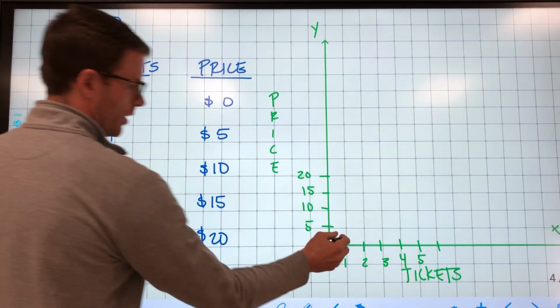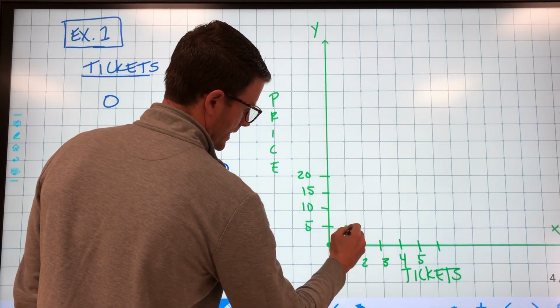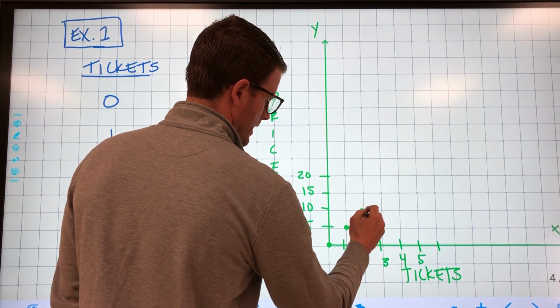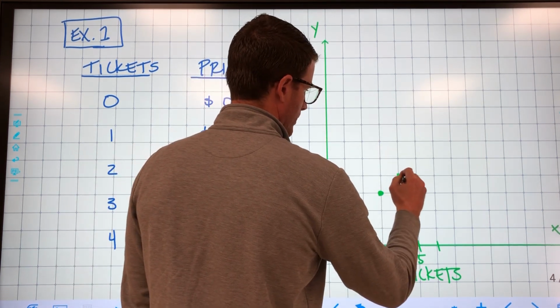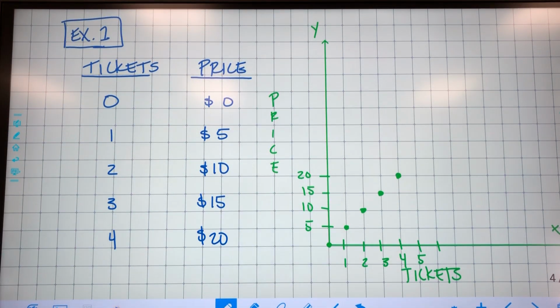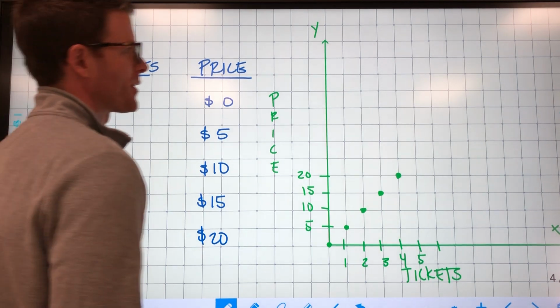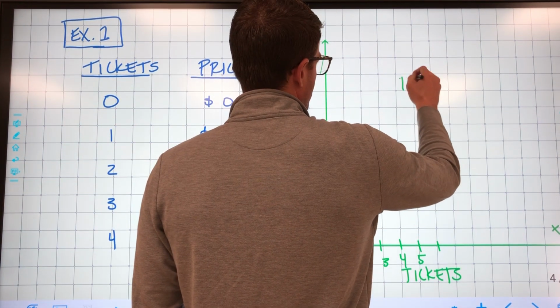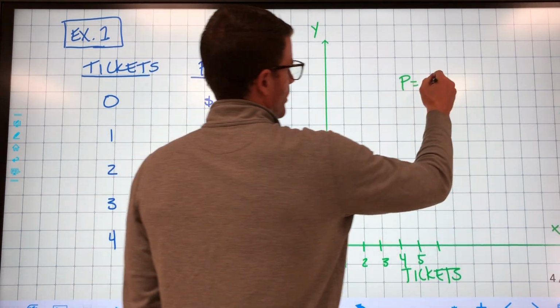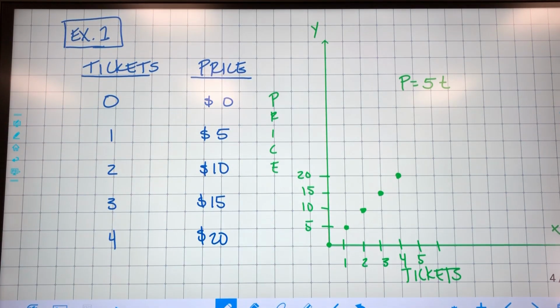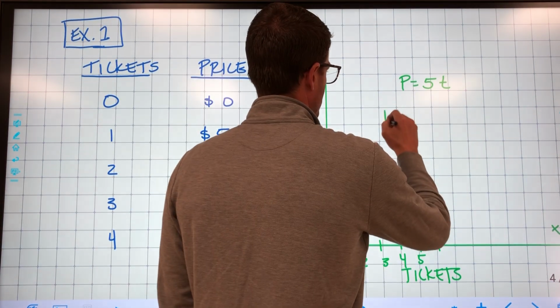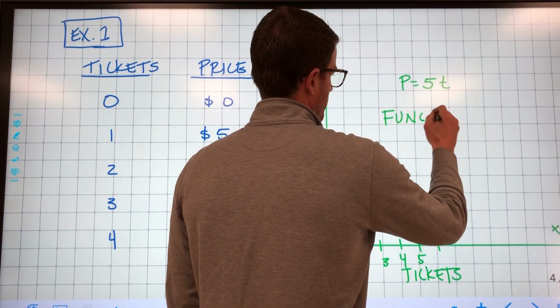If I buy 1 ticket, it costs me $5. 2 tickets, $10. 3 tickets, $15. 4 tickets, $20. And I could continue going on here. We could come up with the equation for this. That is, the price, P, is going to equal $5 times the number of tickets. All right, so there's our equation. And we might be asked, is this a function?